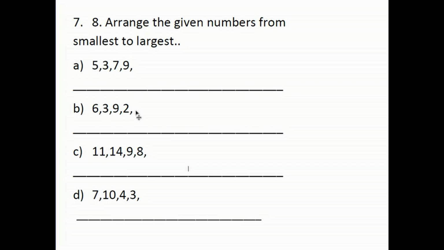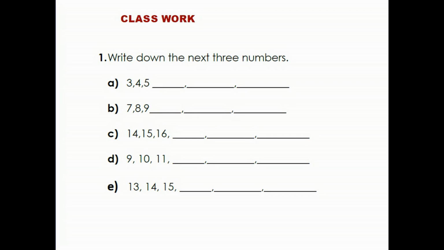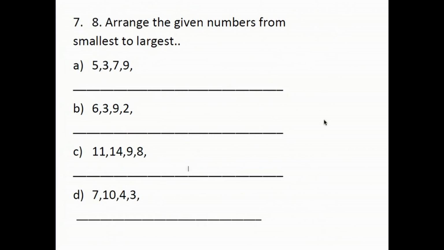So what you're going to do here is start from the smallest to the largest. So start doing now, then I'll be back and we'll see it together. You will have 10 minutes for the first and second one. So start doing now.